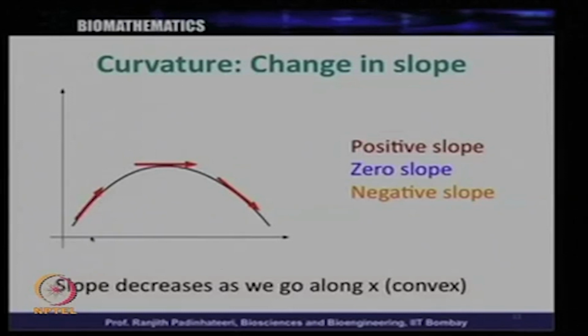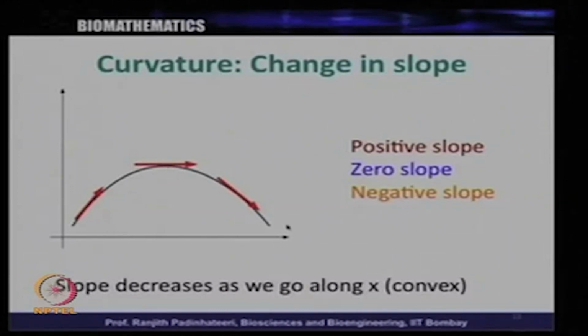Here the x was increasing, y was also increasing. Here the x was increasing, but y was decreasing, so the slope was negative. So, from a positive value, the slope becomes 0 and then becomes negative. So, the slope decreases from positive to 0 to negative.